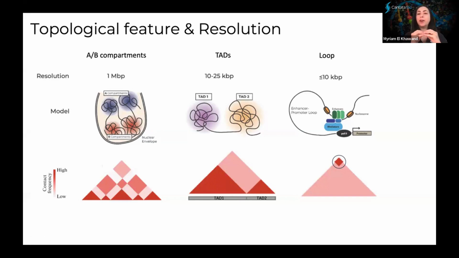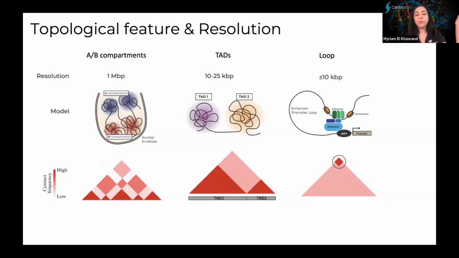And domains of the same compartment preferentially interact with each other. So you don't actually have A and B compartments that are contiguous on the linear sequence. You have them in 3D space talking to each other if they belong to the same compartment.